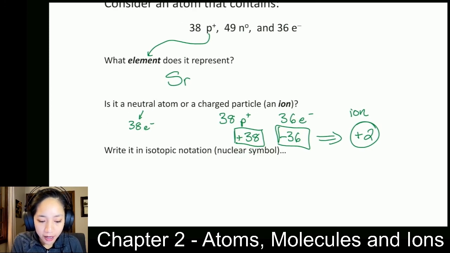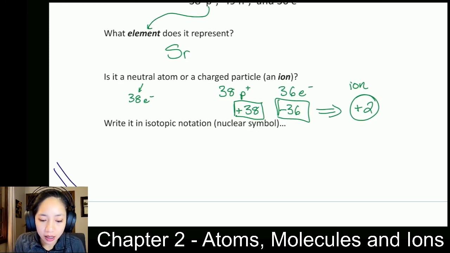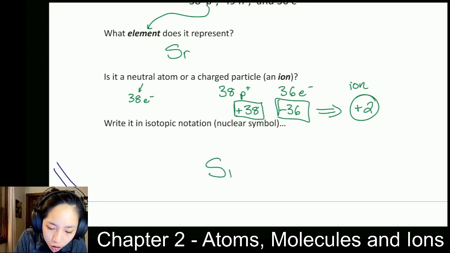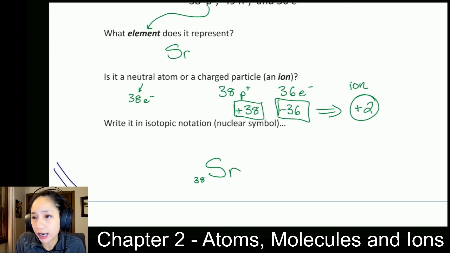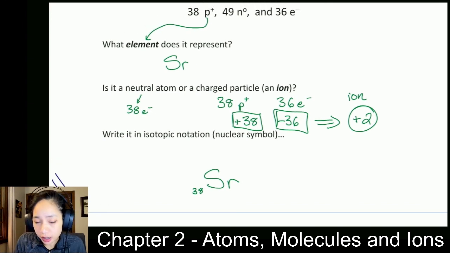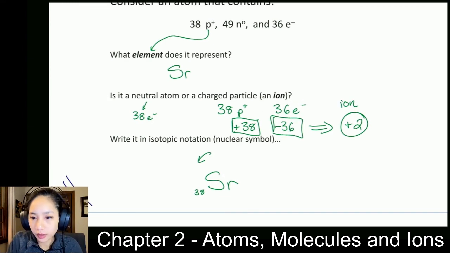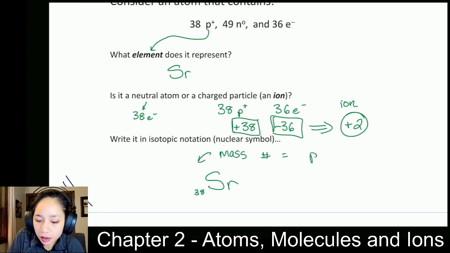Finally, let's write the isotopic notation, or the nuclear symbol. I know it's the element strontium, which has an atomic number of 38 because it has 38 protons. Now we need to figure out its mass number. Mass number is the number of protons plus the number of neutrons, because that's where all the mass of the atom is.